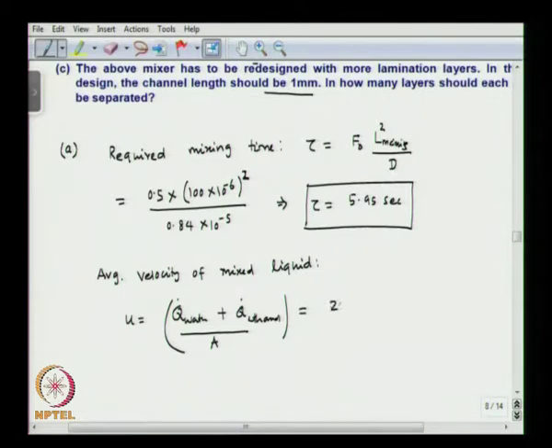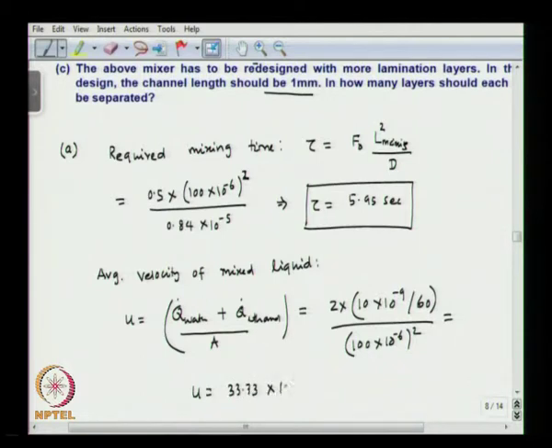So, this is 2 into 10 into 10 to the power minus 9 over 60 meter cube per second divided by area is 100 into 10 to the minus 6 square. So, we find the velocity to be, so U is found to be 33.33 into 10 to the power minus 3 meter per second.